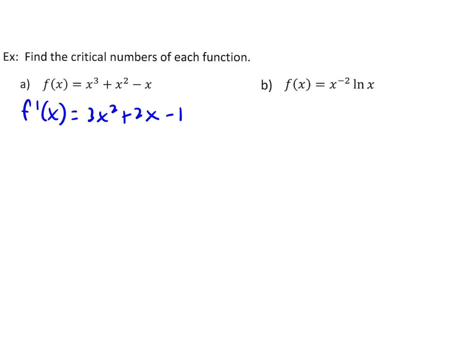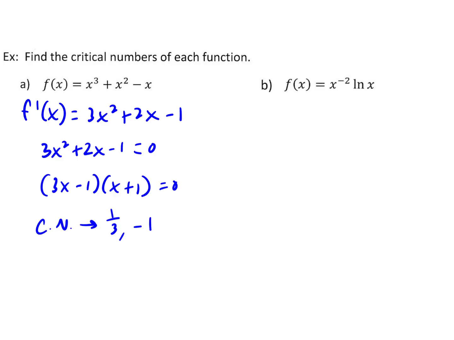So how does this factor out? Three x minus 1 and x plus 1. Okay, which means x equals 1/3 and -1. Those are my critical numbers or my critical values.